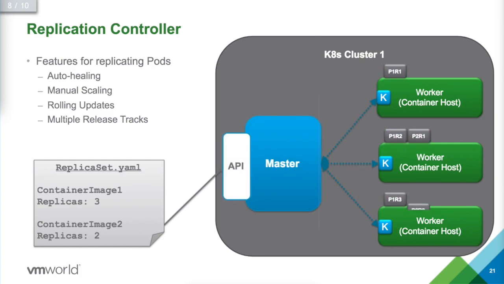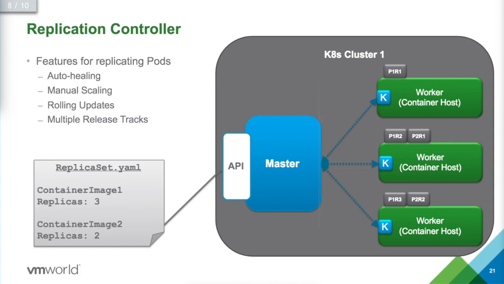API server receives the request and informs the controller manager component about this new replication controller object. Controller manager takes into account the user need and asks the scheduler component to schedule those total 5 pods across available worker nodes.